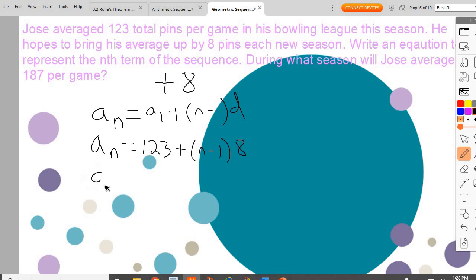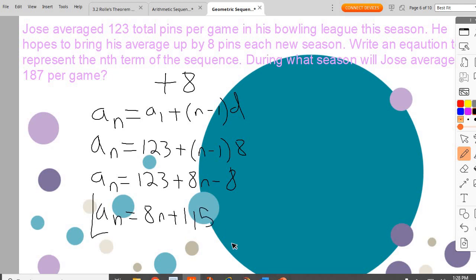And then we just want to simplify a bit. So we would distribute the 8, and then subtract: 123 minus 8 gives us 115. So that would be our general equation.